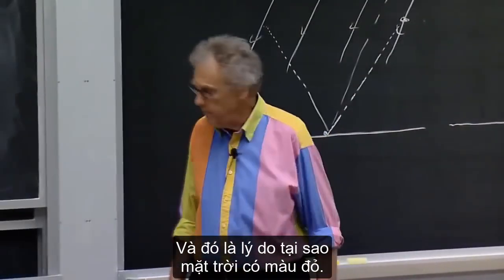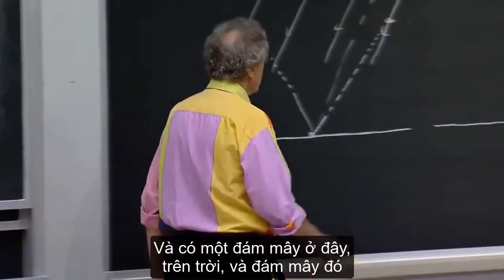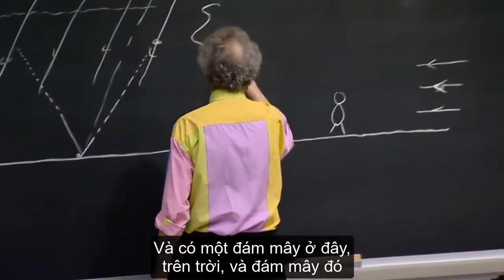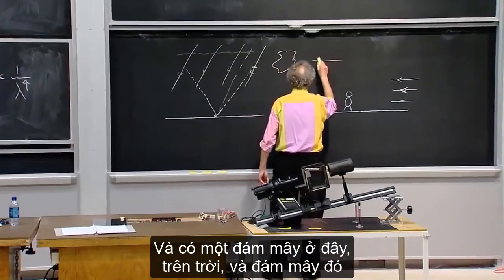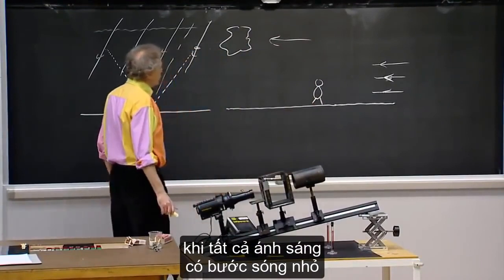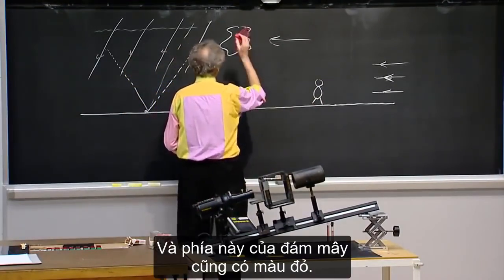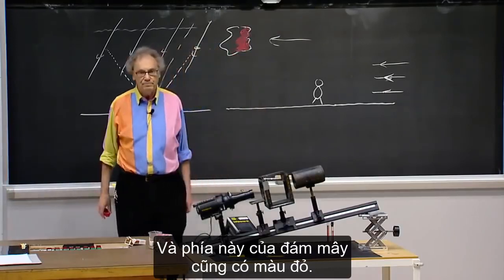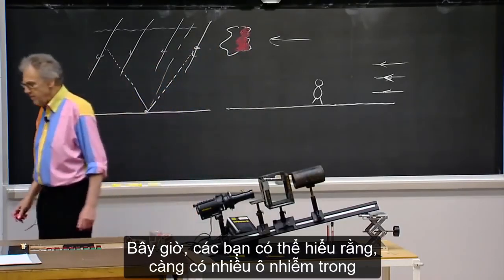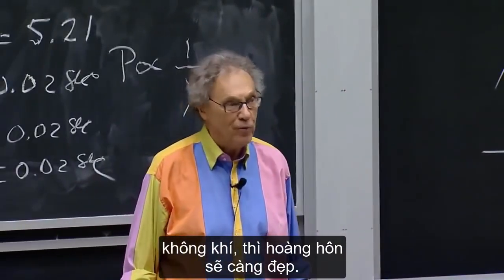And so that is the reason why the sun looks red. And there is a cloud here in the sky, and that cloud sees light where all the small wavelengths have been scattered out, and so this side of the cloud is also red. You can now understand that the more pollution there is in the air, the more beautiful sunsets are.